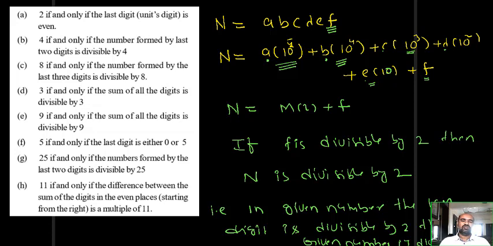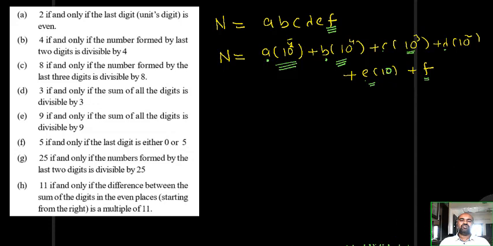So I explained the first one; this is the proof for the divisibility rule of 2.